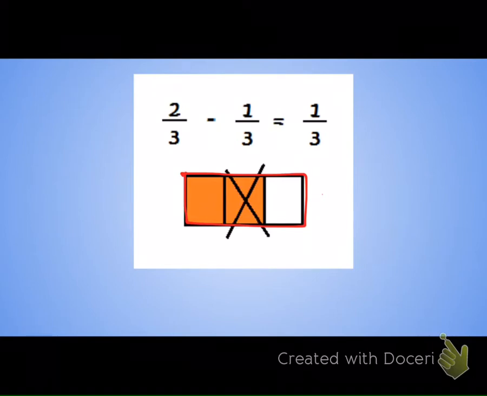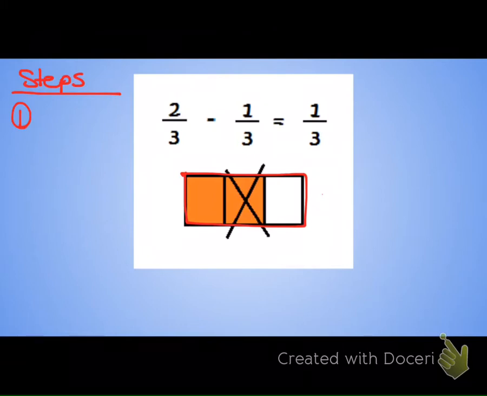So our steps when we are adding and subtracting here, you probably have figured this out. Let's go ahead and write these down into our notes here. So the first thing we want to do is make sure that we have a common denominator, that these denominators are the same.